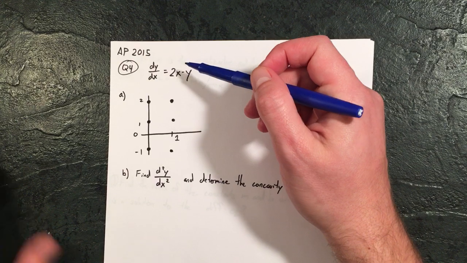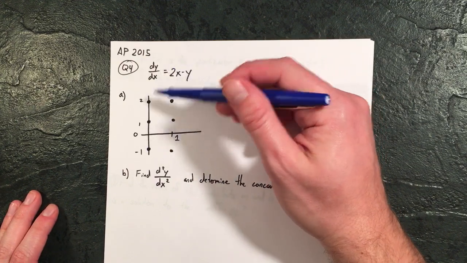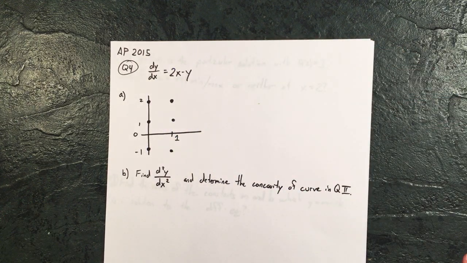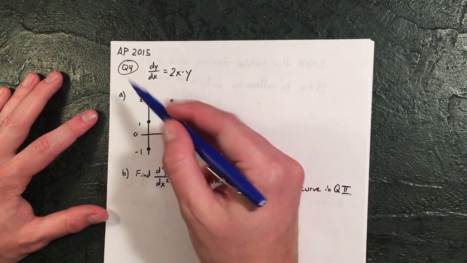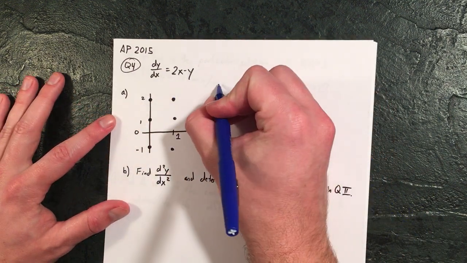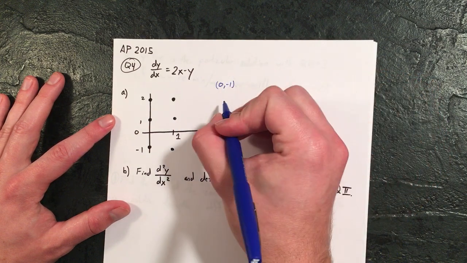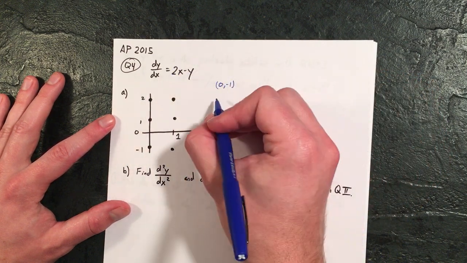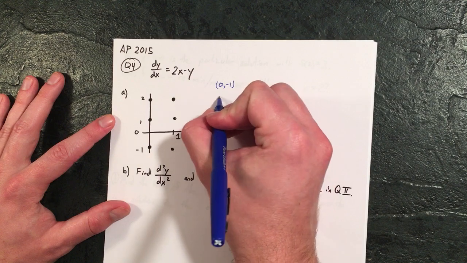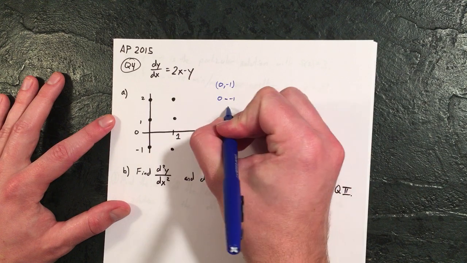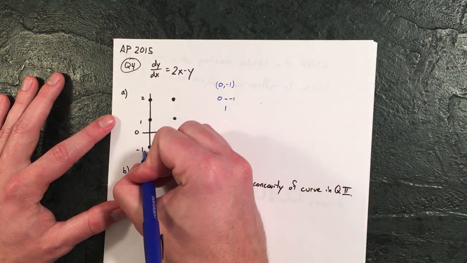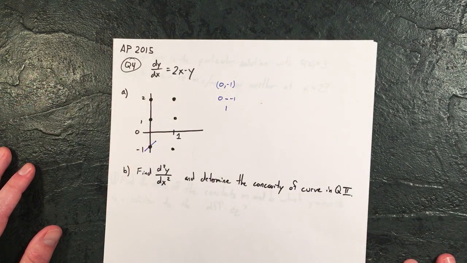So the first part is label the slope field here at the points shown. So we have points at 0, -1, and we have to plug that into the equation, which is going to get us 0 minus -1, which is 1. So we have a slope of 1 there.